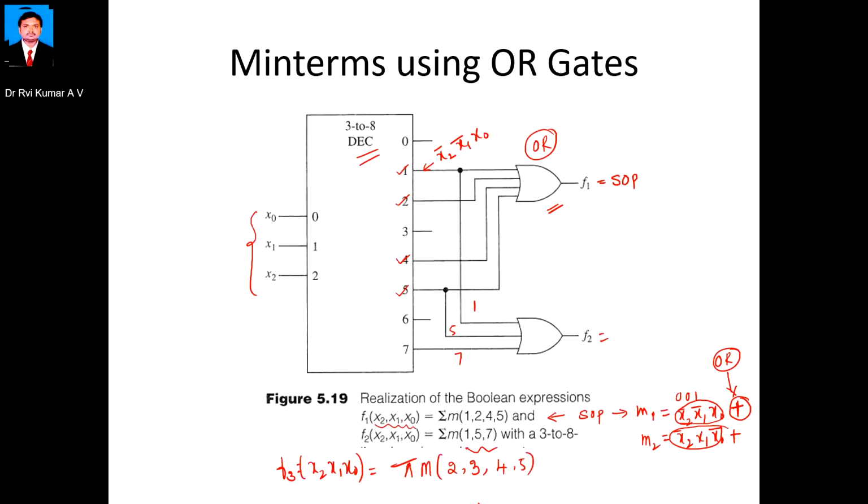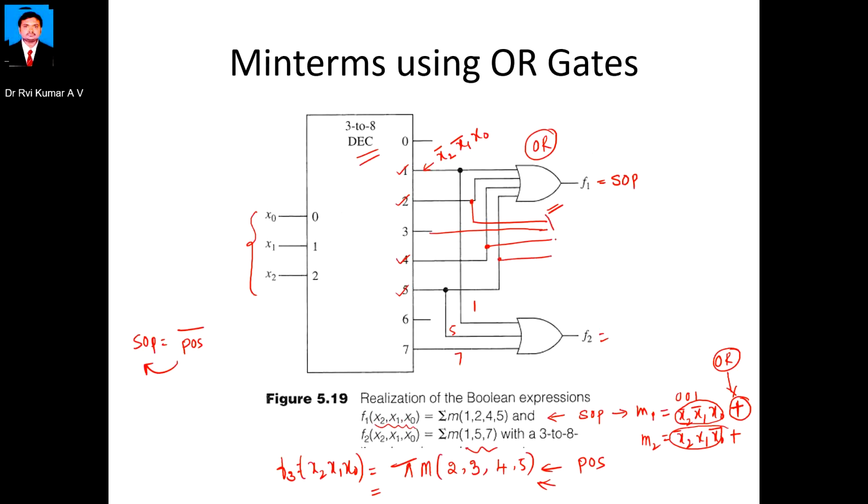How can I implement this? As we know, SOP is always the complement of POS. So we have the equation as a POS expression, and I need to convert it into the SOP expression, so I should take the complement of this form. So I use 2, 3, 4 and 5.